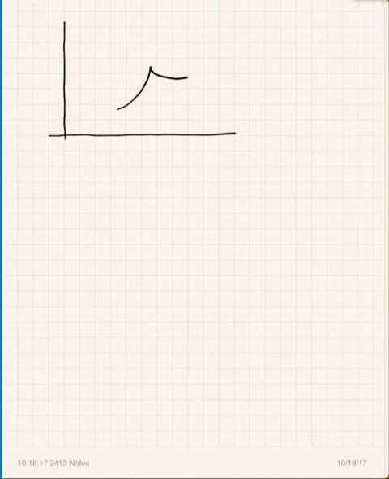We'll just extend that value a little bit. All right, so we're going to have a graph that looks like this one right here.